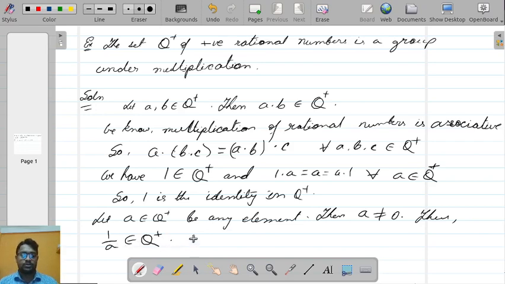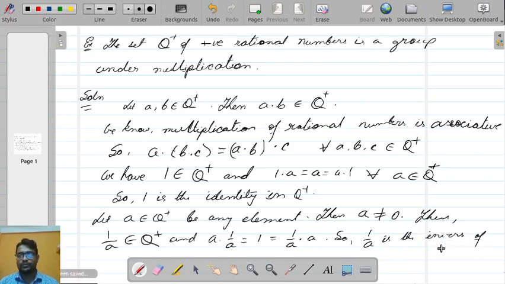So 1 by A belongs to Q plus, and A into 1 by A equals 1 by A into A. So 1 by A is the inverse of A in Q plus.